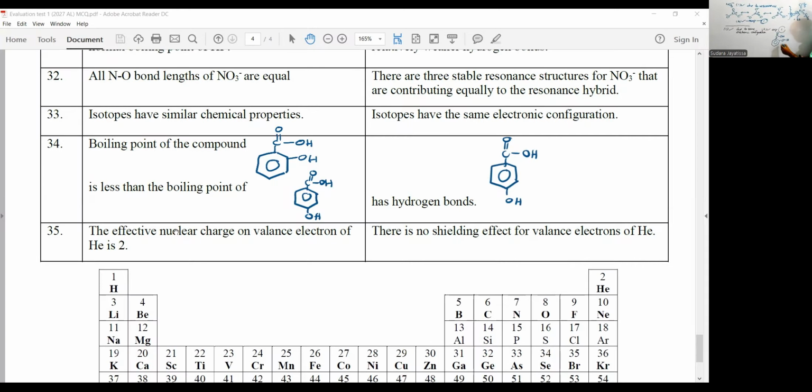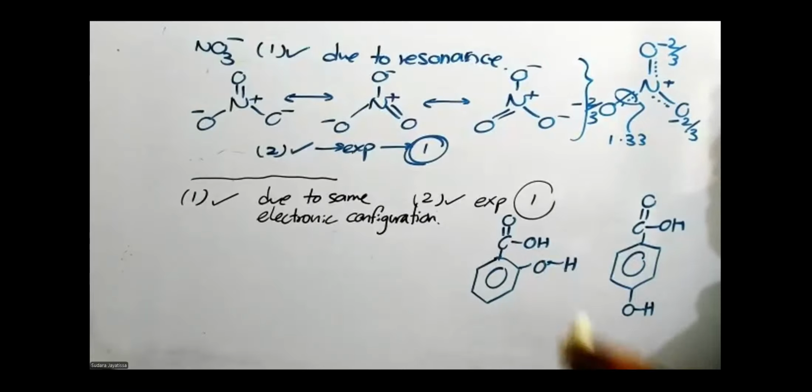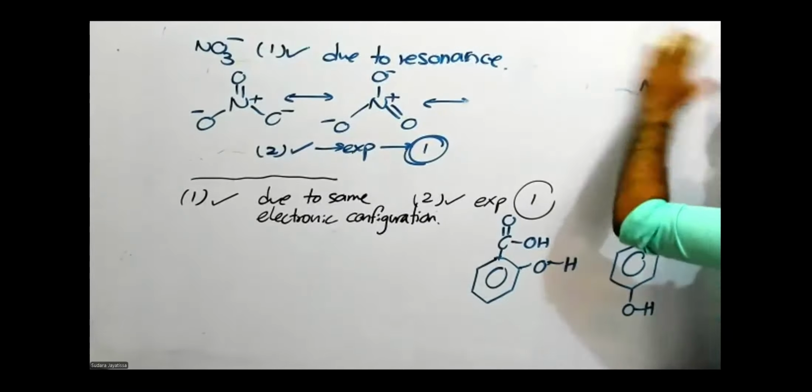Okay, so here, this molecule, you don't need the names here. And the other compound is, they are in the opposite places. So it says the first compound is having a lower boiling point. Okay, so let me explain that.